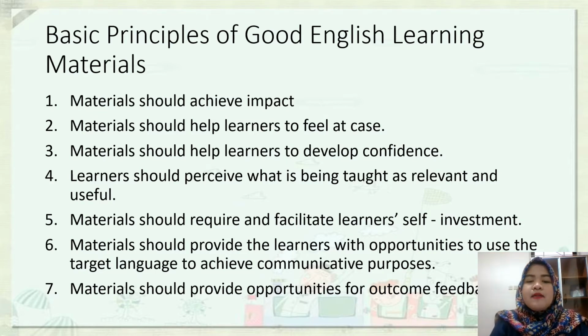Impact is achieved when materials have a noticeable effect on learners, that is, when the learners' curiosity, interest, and attention are attracted. Materials can achieve impact through novelty, such as unusual topics, illustrations, and activities.